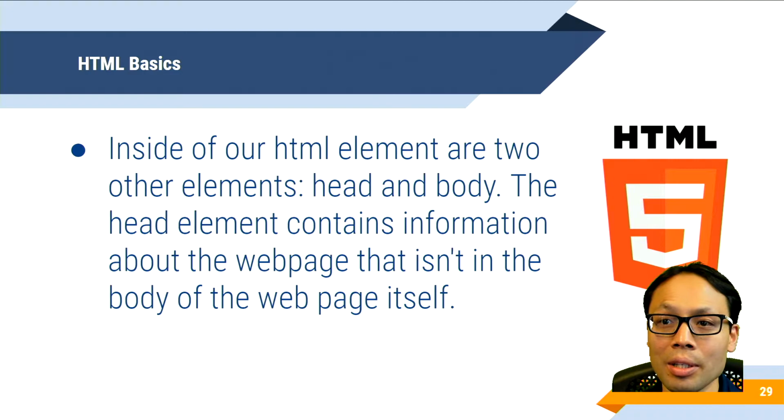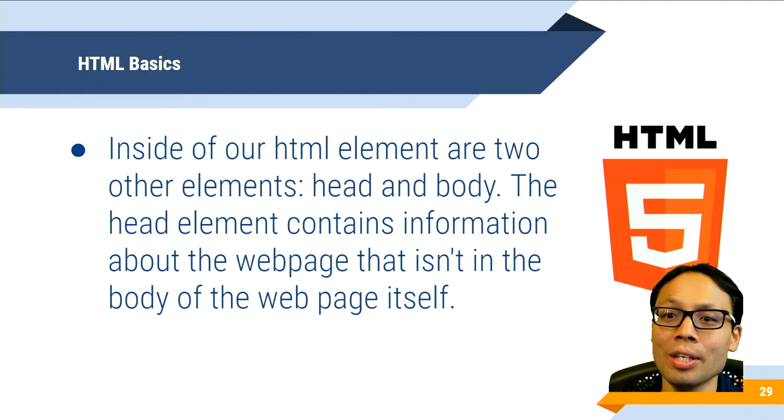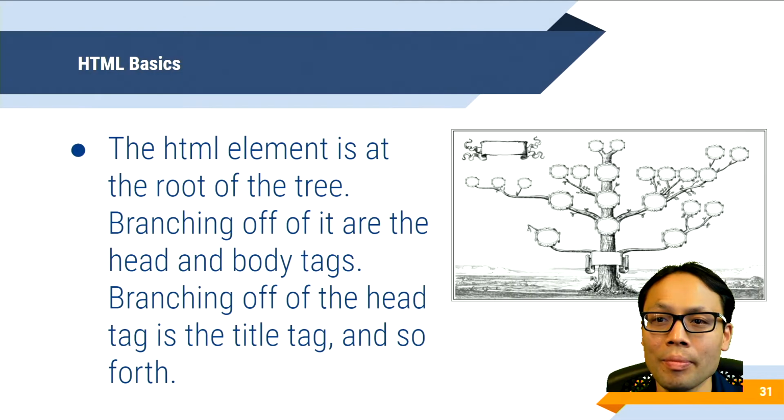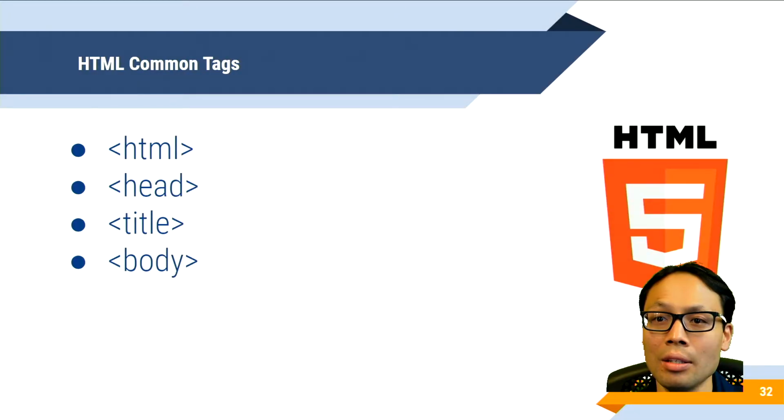The head element contains information about the web page, and you can think of the structure of an HTML document as a tree-like hierarchy. The HTML is at the root, because you always start off with the HTML, and it branches off after that into the head and body tags, etc.